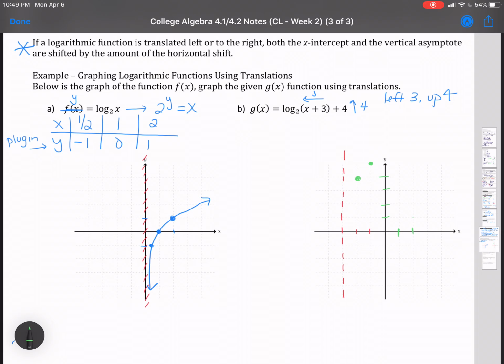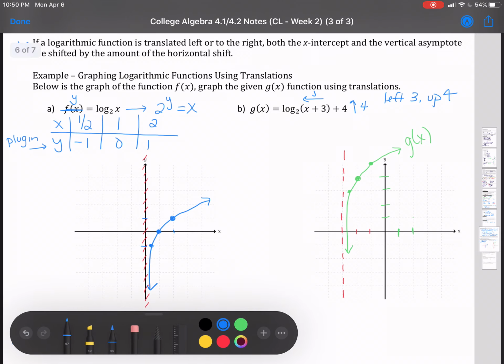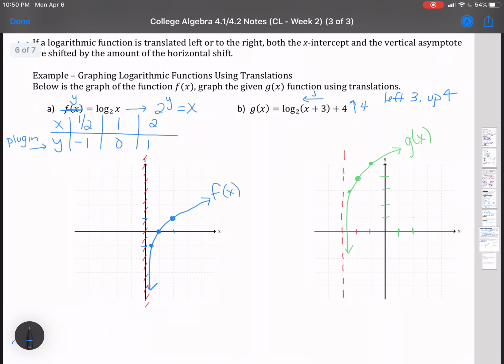And then we had the ordered pair 1/2, -1. That's going to go left 3 and up 4. And we have that same basic curved shape that we did before, and there's g of x. So same general shape, just shifting our graph left and right.